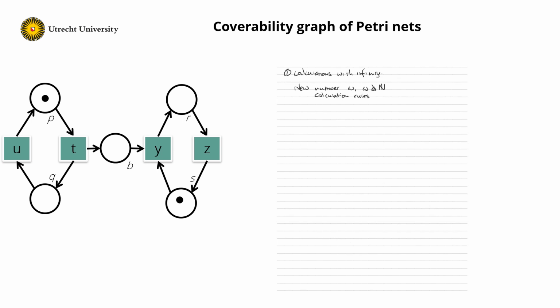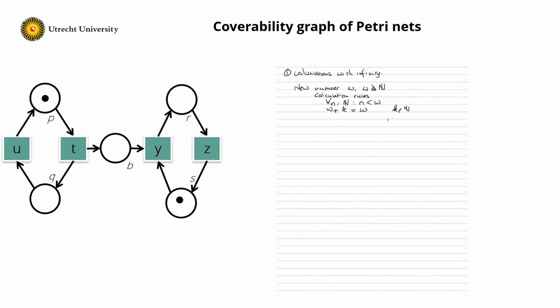The first rule is that suppose I have a natural number, then this natural number is always strictly smaller than omega. And suppose I have a number k, which is a natural number, and I add it to omega, then this just equals omega.